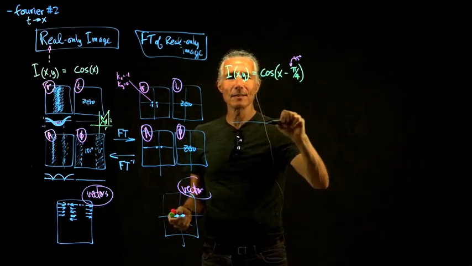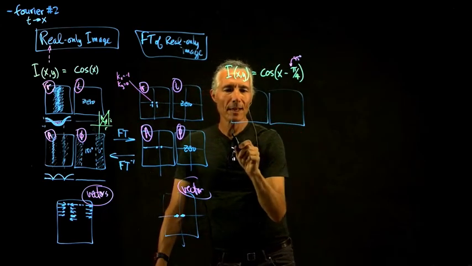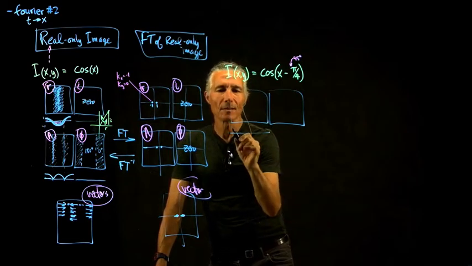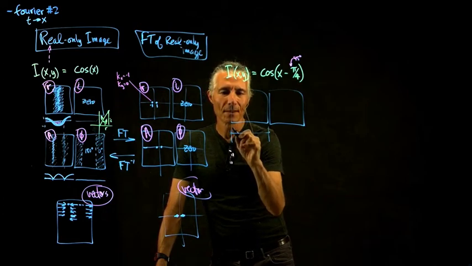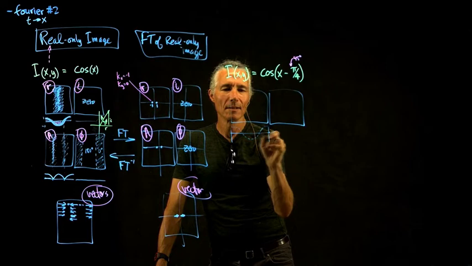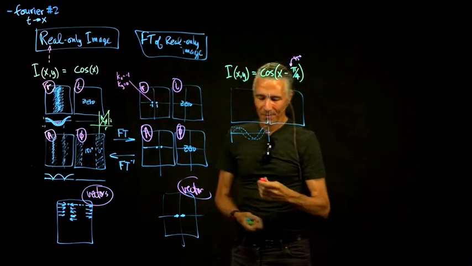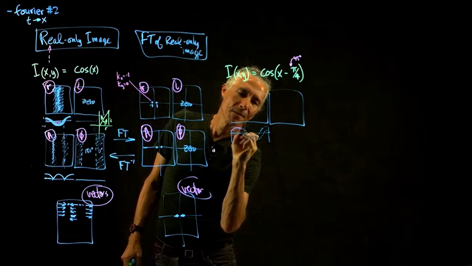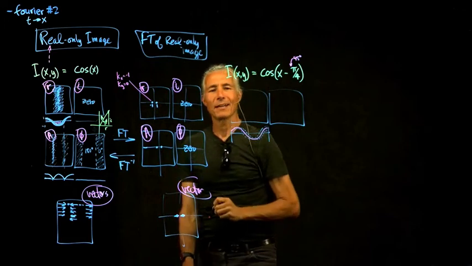So what does that look like if we plot it out this way? Well, it's pretty much the same as it was before. It just shifts it over a little bit. It won't shift it all the way to a sine. So let's draw a cosine here and draw a sine here. It's going to shift it about half of the way to a sine, something like that.